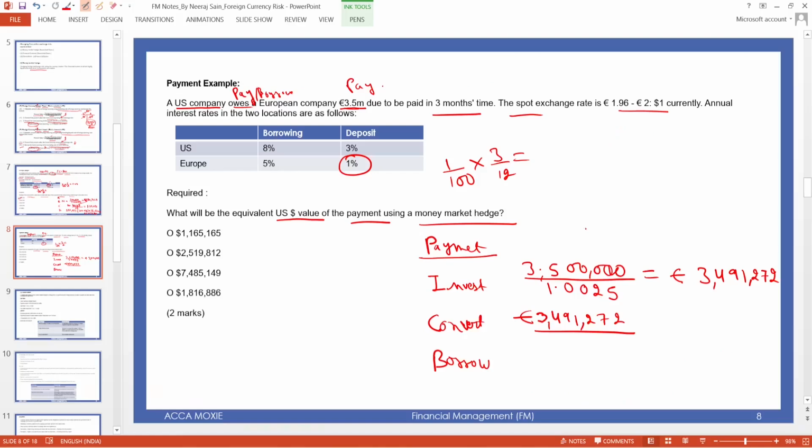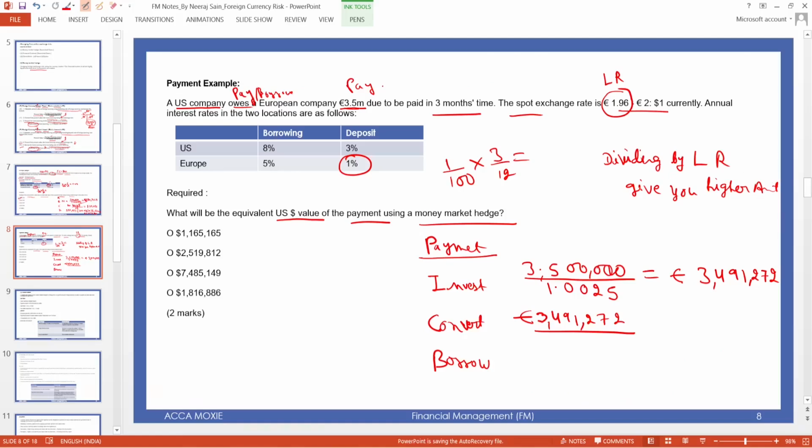We are going to pay, so we have to use the lower rate, because dividing by a lower rate gives you a higher amount.